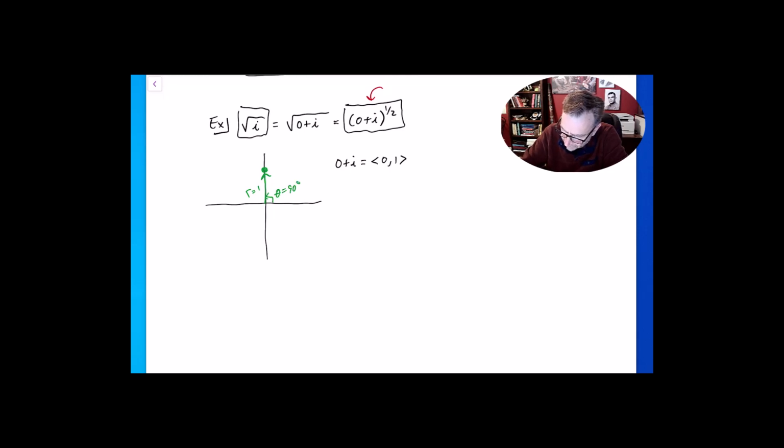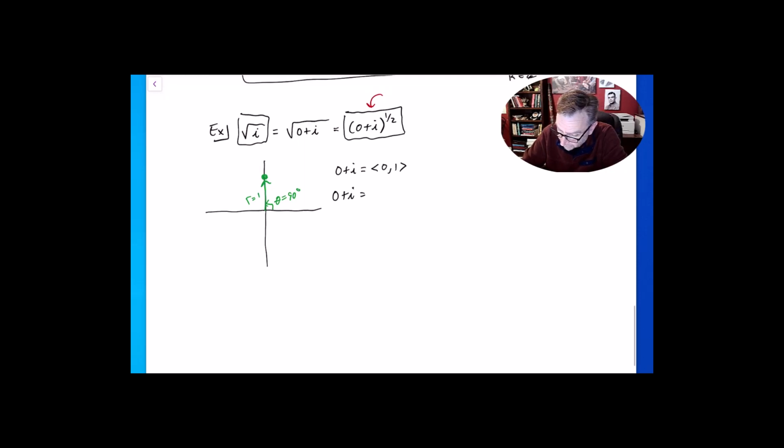So it's pretty easy to see that 0 plus i, or just i, is equal to 1 times cosine of 90 degrees plus i sine of 90 degrees. All right? And so that's what i is in its trigonometric form.